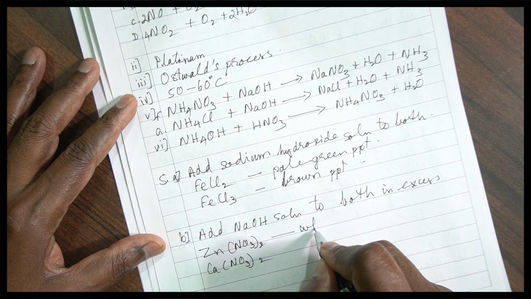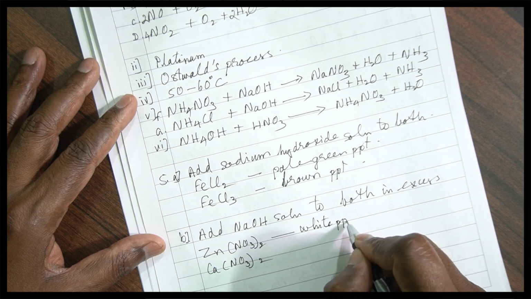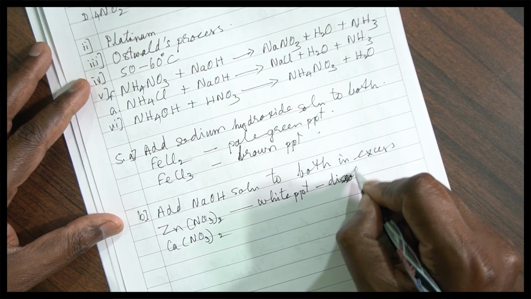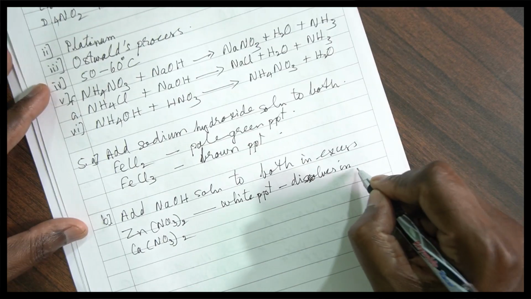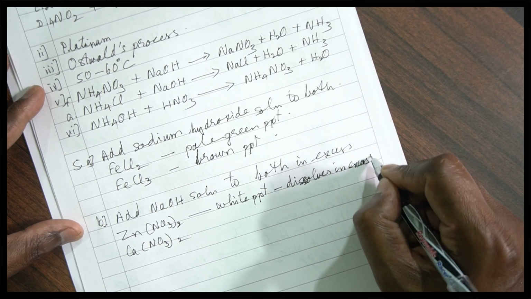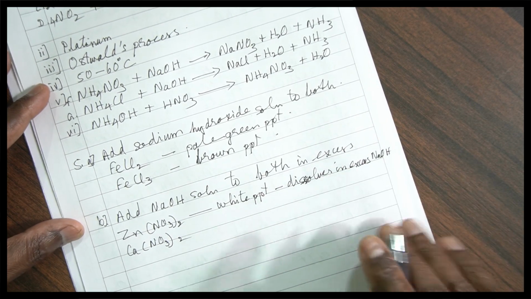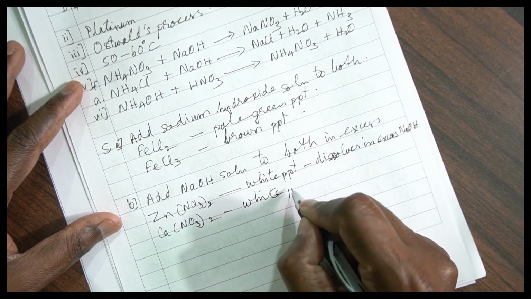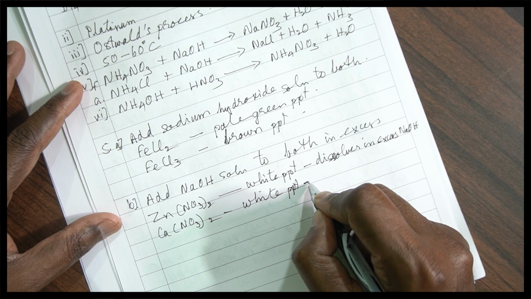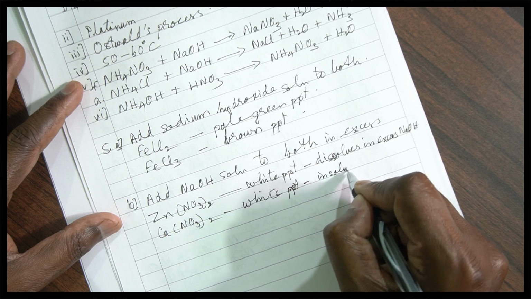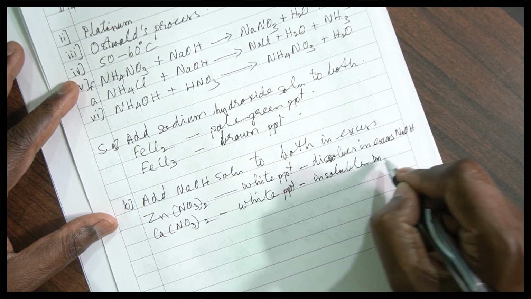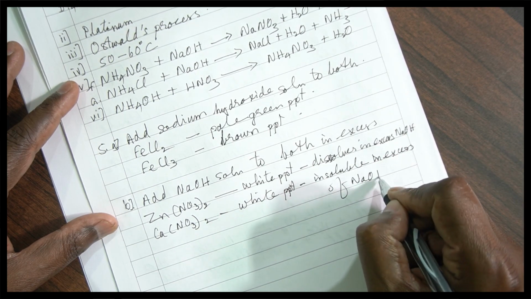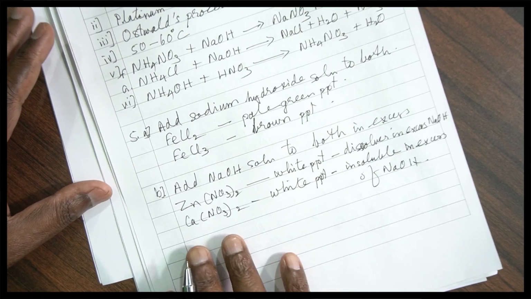Here you get a white PPT. The PPT dissolves in excess NaOH. When you add excess NaOH, the PPT dissolves. Here you have again a white PPT. This white precipitate is insoluble in excess; it is not dissolved in excess of NaOH. Okay, so it is differentiated.